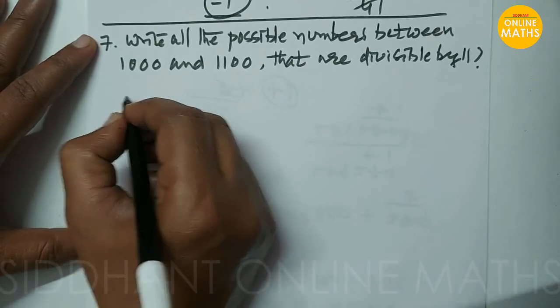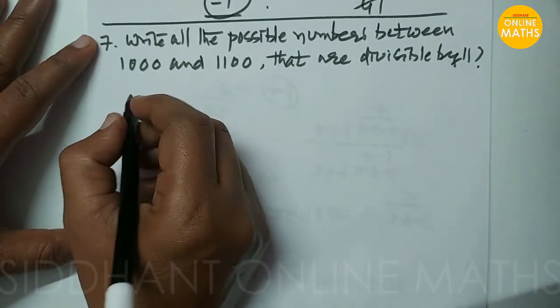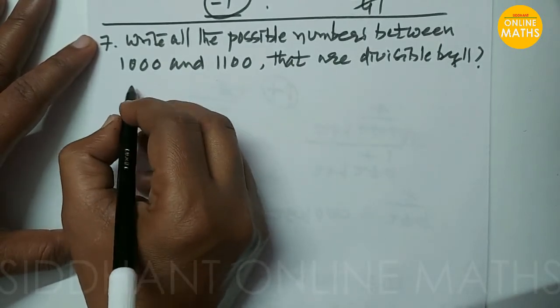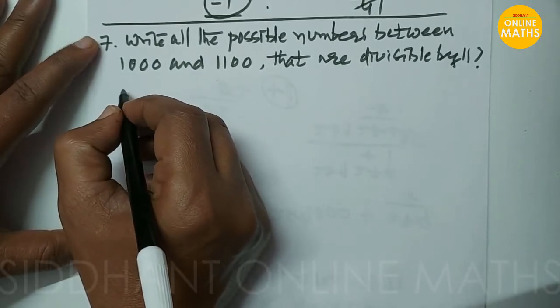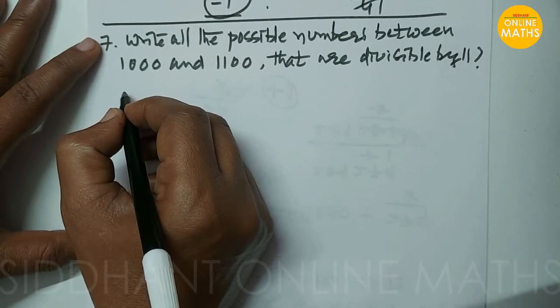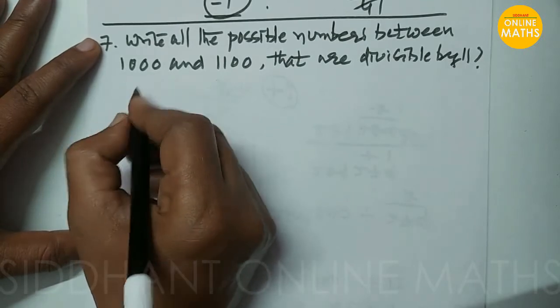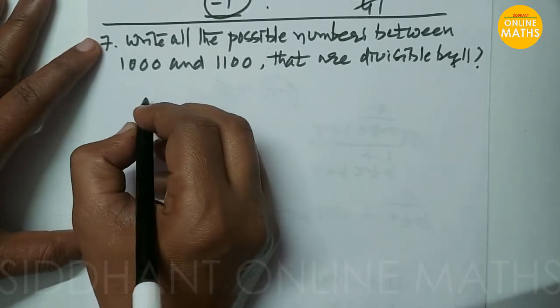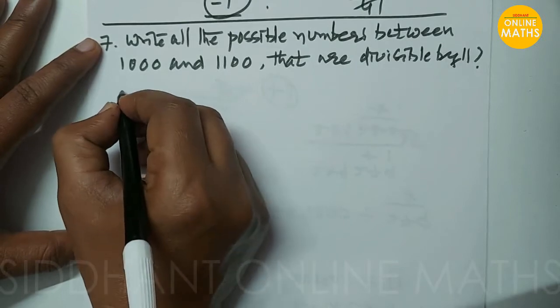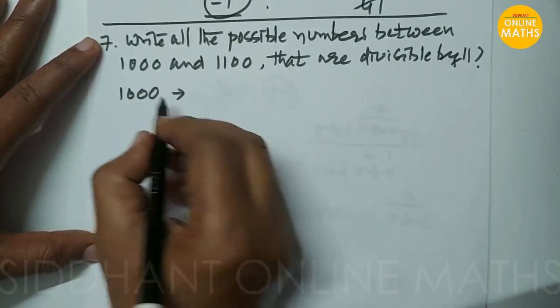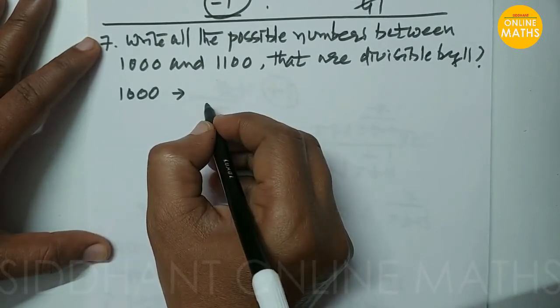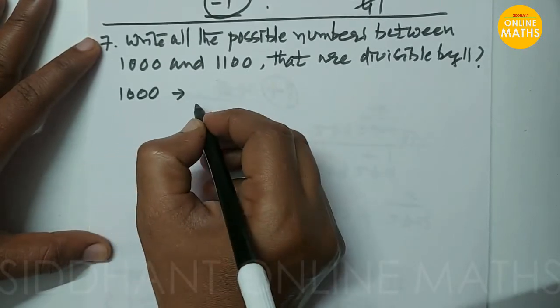So here we are going to see first whether 1000 is divisible by 11 or not. After that we just increase the number and check whether the given numbers are divisible by 11 or not. So for 1000, how are we going to check whether the number is divisible by 11?